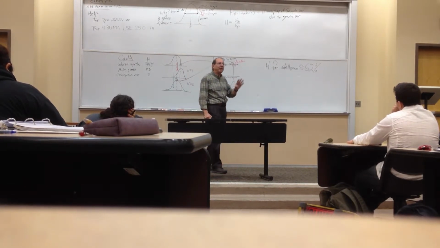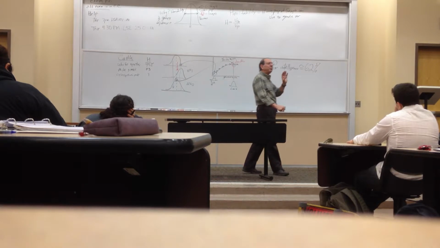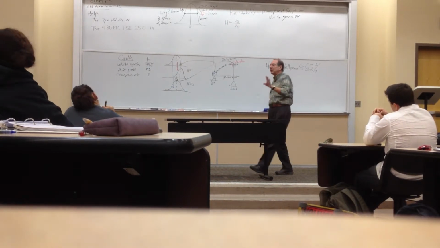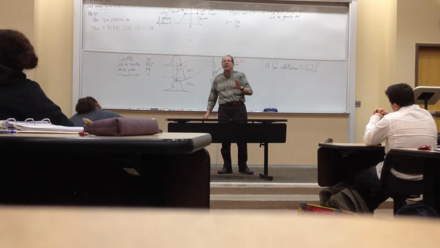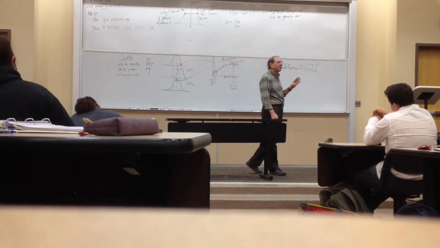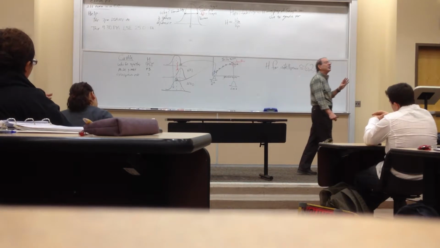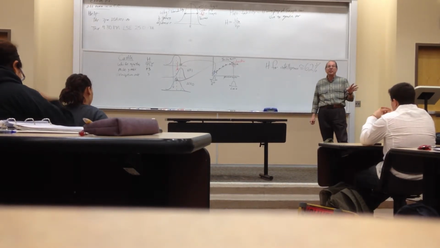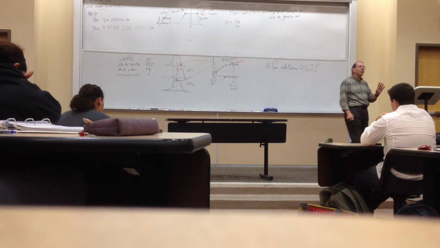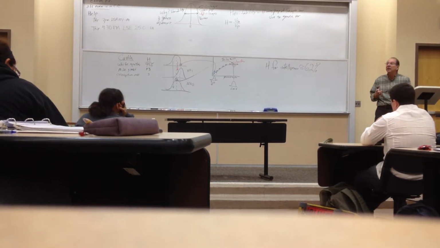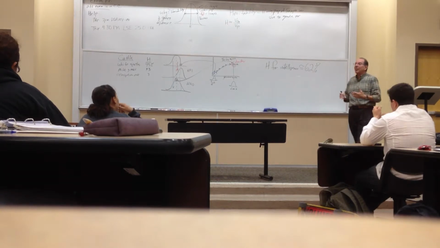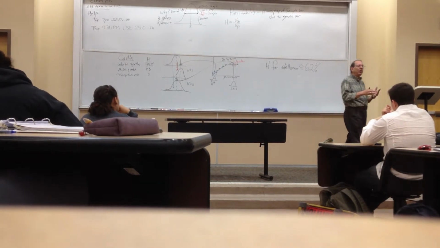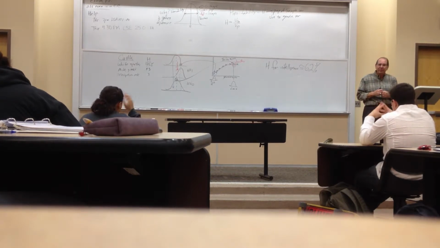So heritability numbers cannot be used to judge how good a population is. And that's probably the most serious misuse of genetic testing that there is. It has nothing to do with it. Whether it's high or low doesn't mean that that population is more smart or less smart. It only has to do with variability.